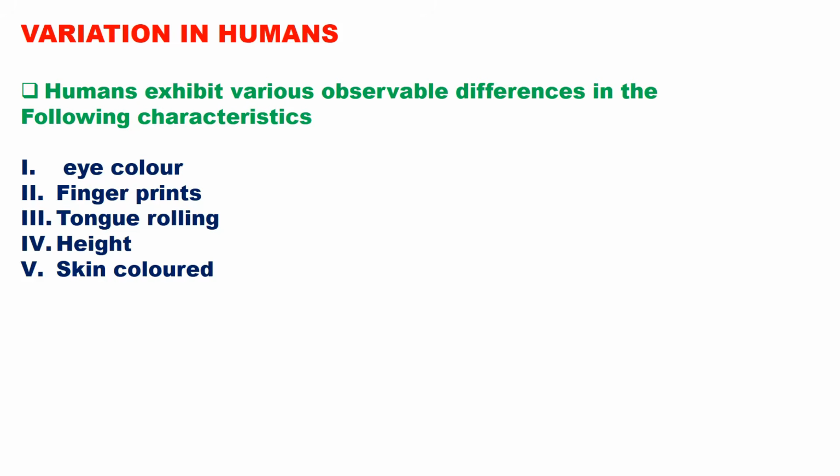Now, let us look at variation in humans to be specific. Humans exhibit various observable differences. And where can you see variation in humans? One, eye color. Others have blue eye color, others have brown, others have black eye color.